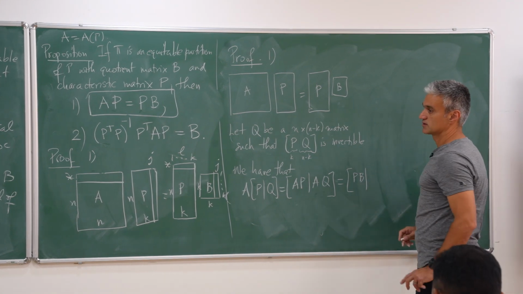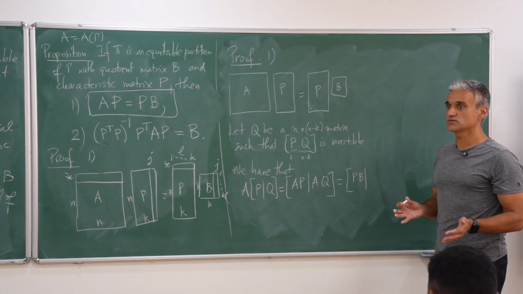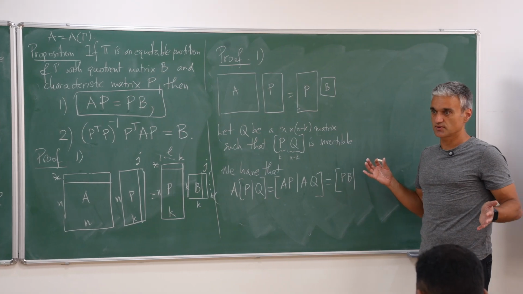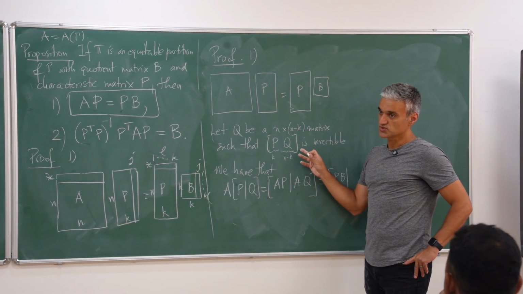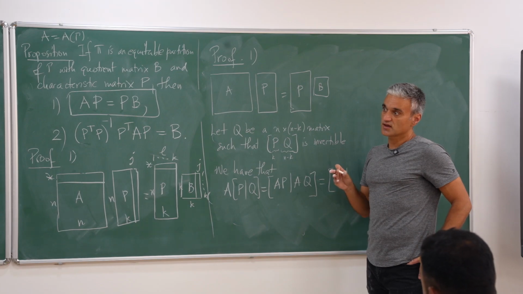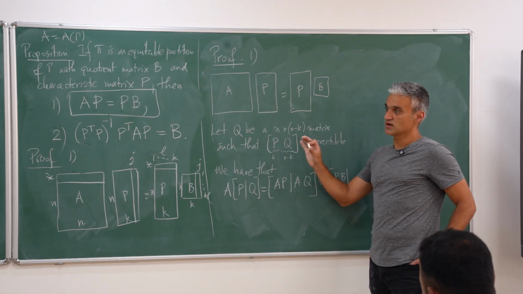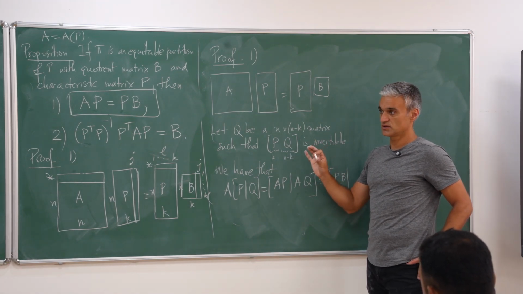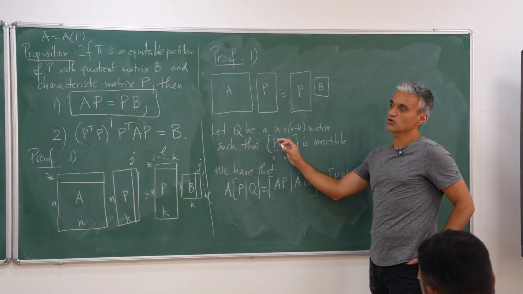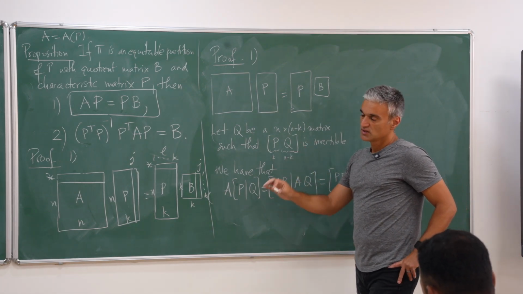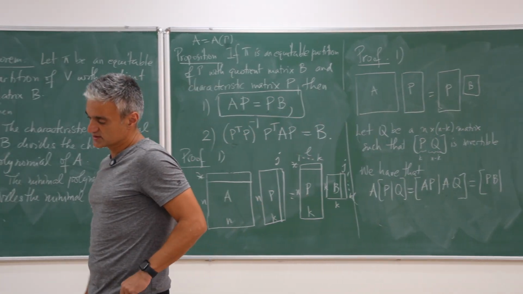What is AQ? Well, AQ is going to be some kind of matrix, some columns. Now, this PQ matrix has columns that are a basis of your space. So any columns you give me, I can write as a linear combination of the P's and the Q's. So how are we going to phrase this?